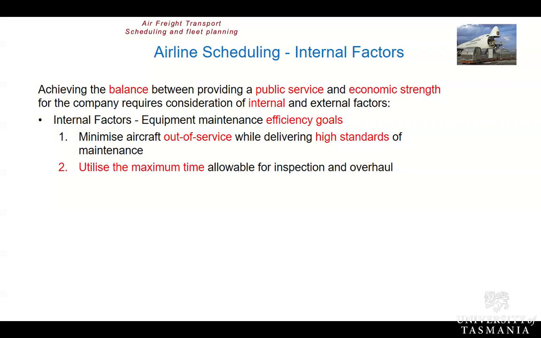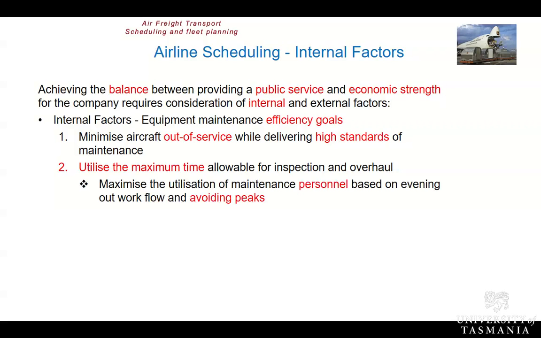The second main efficiency goal is to utilise the maximum time for inspection and overhaul. So they will have specific time periods to undertake that maintenance, and they need to utilise that in the best possible way. And they do that in two ways.